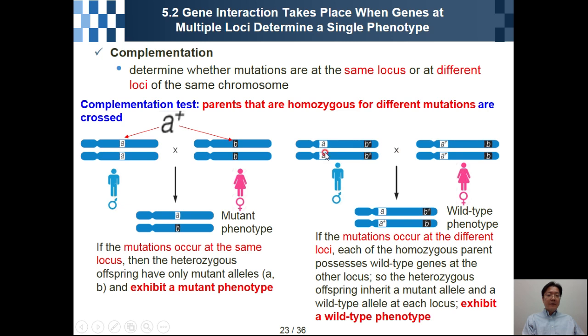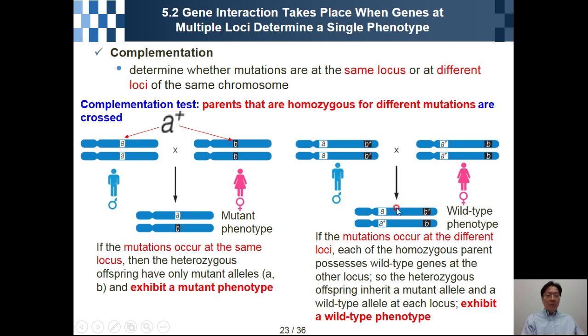In this case, the father has small aa mutation, but has the wild type b plus. For example, the mother has small bb mutation, but also has A plus, which means wild type A. So after the cross, the offspring will receive this one from the father and this one from the mother.